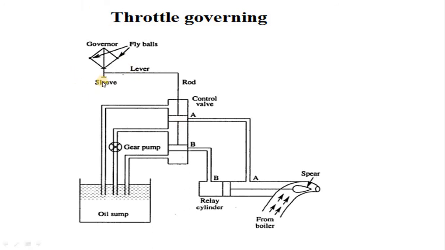So the sleeve moves up, deflection occurs on the lever, and due to this the pilot valve spindle rises up, opening the upper port for oil entry and the lower port for oil exit, and the pressurized oil from the oil tank enters the cylinder and pushes the relay piston in the downward direction.